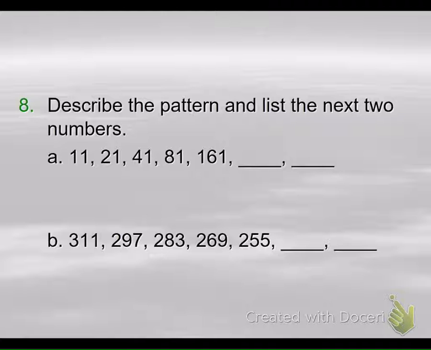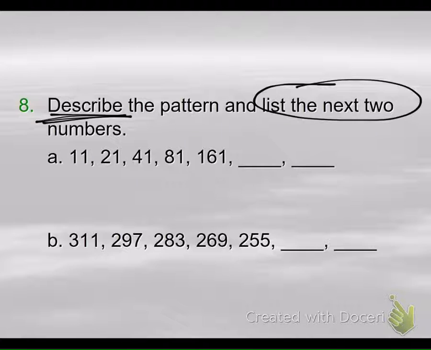So now you're doing the next step. We were describing the patterns previously, but now you're also listing the next 2 numbers. Hold on, we're working on them quietly in our notebooks right now. You get to pick, and then we'll do both on the board. Pick one.